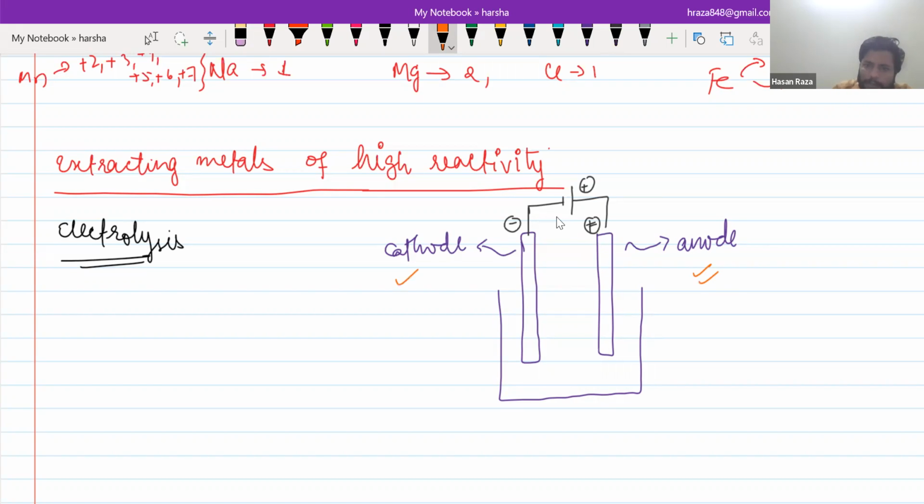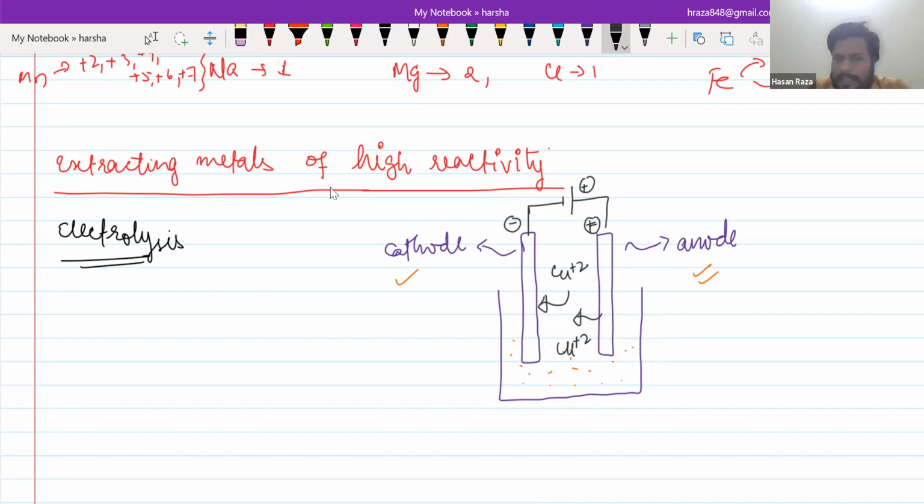Now see what happens here. We have a solution of salt here, and copper from this electrode will come out and go and stick to this side. Basically, we are refining copper.